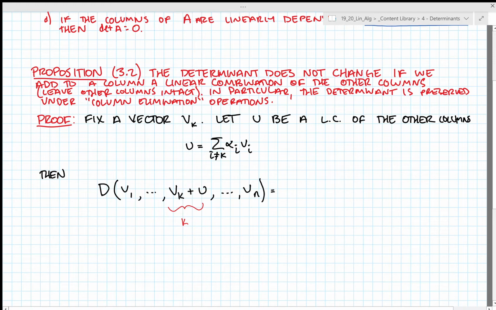So by linearity, I can pull this out. I can say it's the determinant of v_1, and then just the v_k part, because this is a sum and so I can split this out. And then the other part that's left is the determinant of v_1, and then this is the sum over i not equal to k, everything that's not a k, of alpha_k v_k, and then we've got v_n.